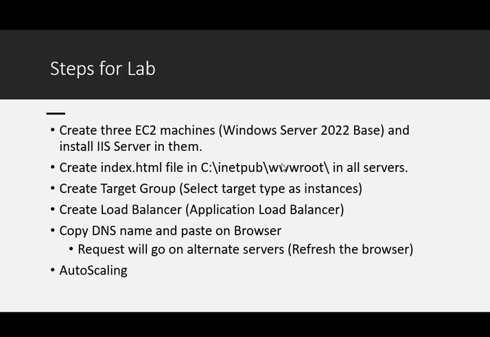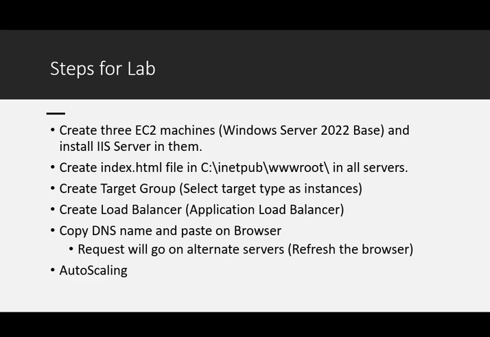Once these three EC2 machines are ready, I will be creating a target group where I will be selecting the target type as instances. Then I will be moving ahead with the creation of the application based load balancer, and I will be testing the load balancer redirection on each server by copying the DNS name and pasting it in the browser.